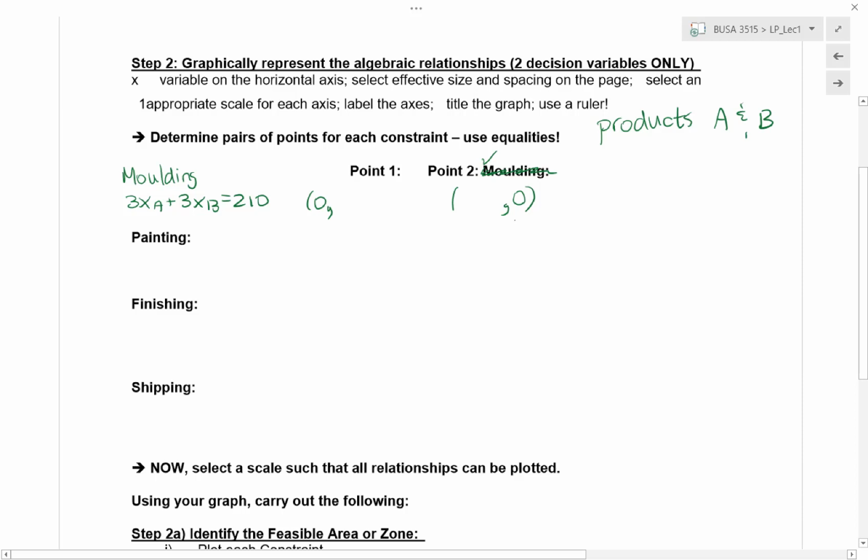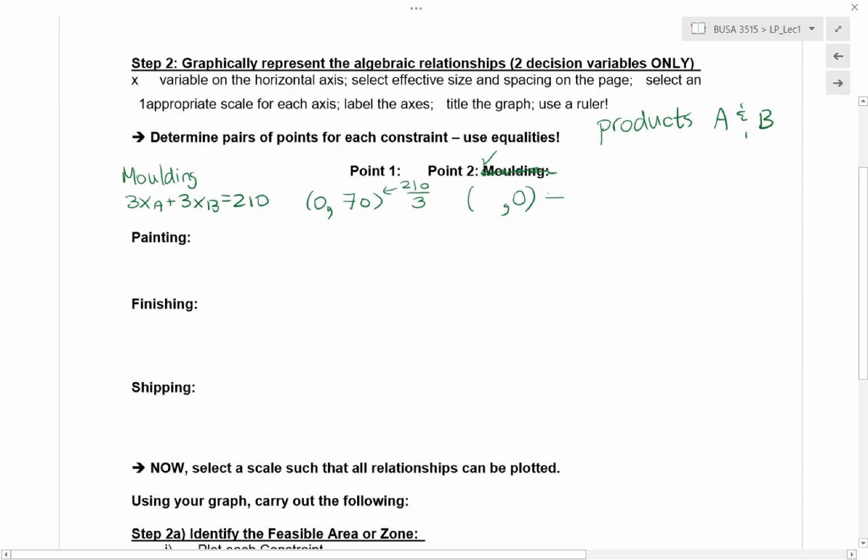So when xa is 0, we get 0 plus 3xb equals 210. Divide both sides by 3, and xb has to be 70, which is 210 over 3. Same idea for our next point.